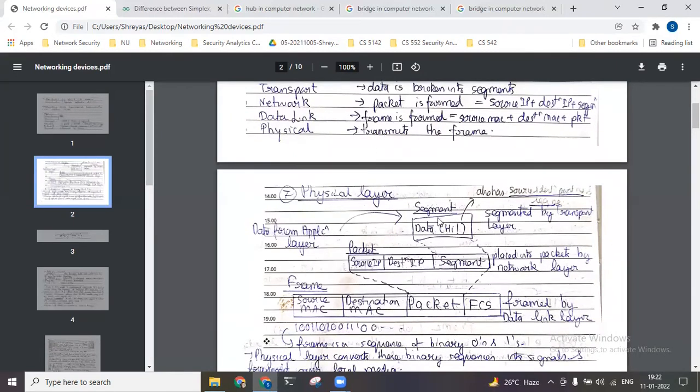As I said, first we have the data segment that is created in the transport layer. The data is broken into smaller segments or smaller chunks, and each segment will have its sequence number. It will also have the source and destination port number. Now, port number is not very important in our discussion, but just to give you a brief idea: there are multiple applications on any system, like the Windows Defender application, the Chrome application, the Outlook application.